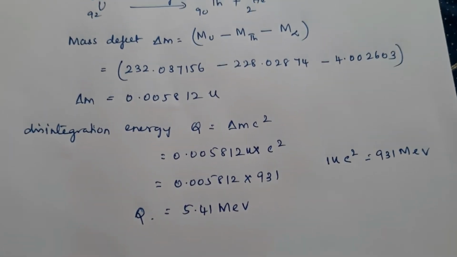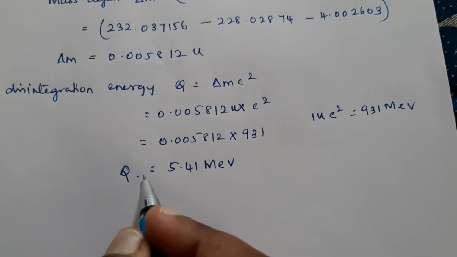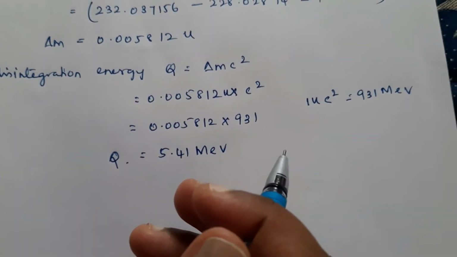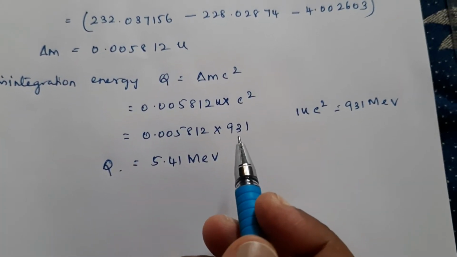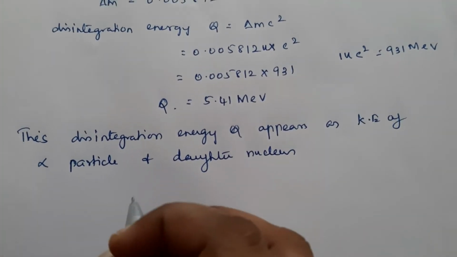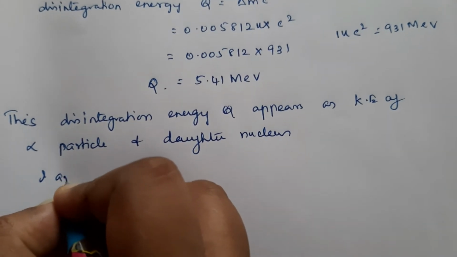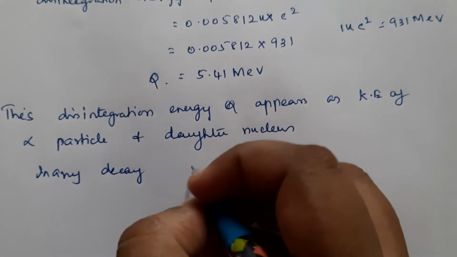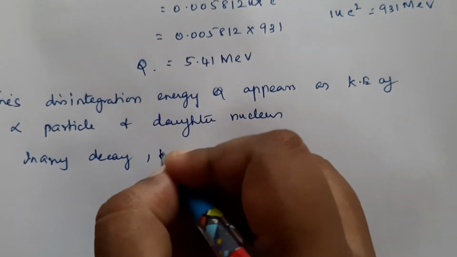Now this disintegration energy appears as the kinetic energy of the alpha particle and the daughter nucleus. But in any decay, we know the total linear momentum is conserved.